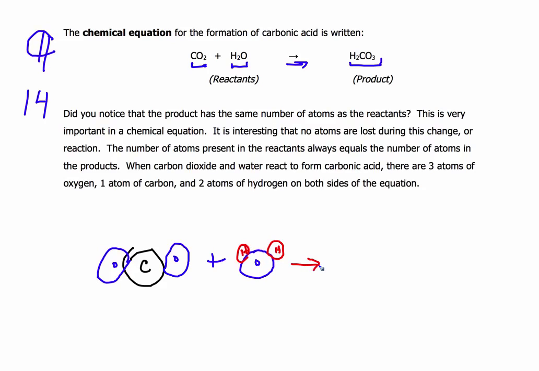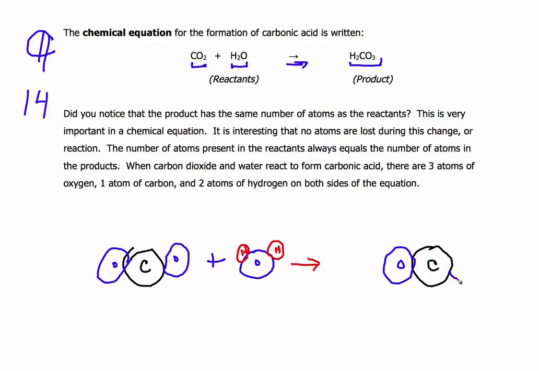And that's going to yield, when it's all said and done, a carbon atom right in the middle. So it's going to look like this. So there's carbon. And then we're going to have 2 oxygen atoms. I want to do those in blue. So we're going to have an oxygen atom here. Actually, there'll be 3 oxygen atoms.